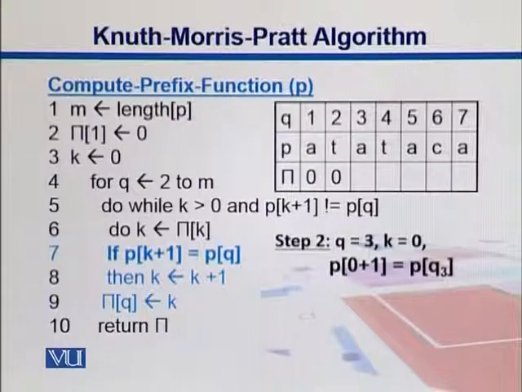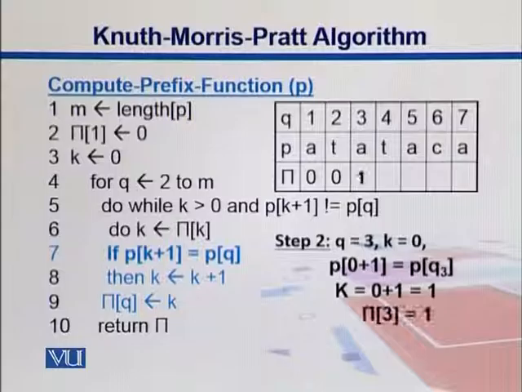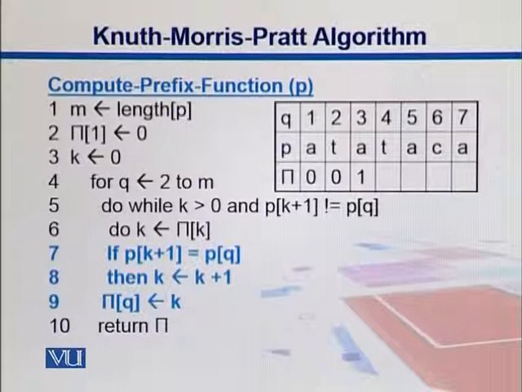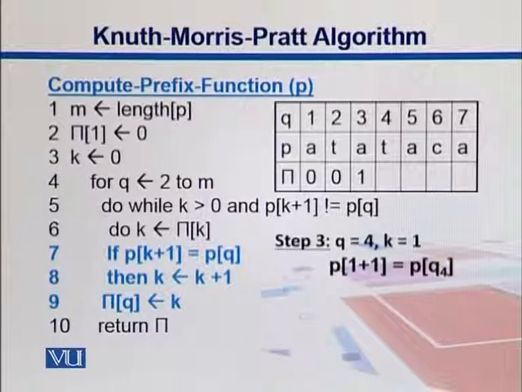The third position in the pattern, which is A, matches the first position, which is A. So we increment k, so k becomes 1, and in pi of q we put this value of k, which is 1, in our table.